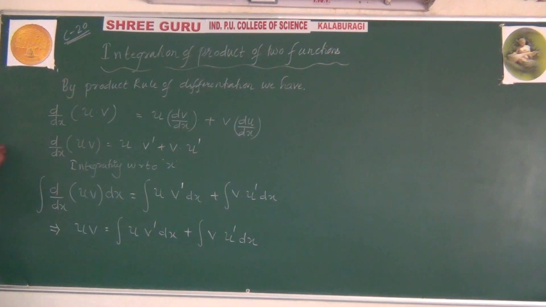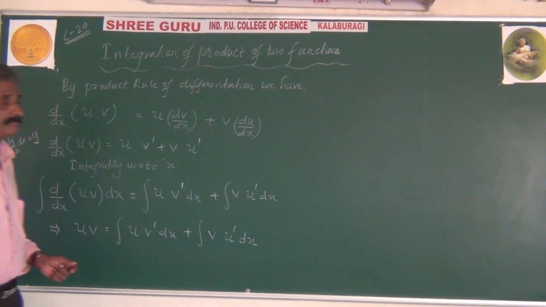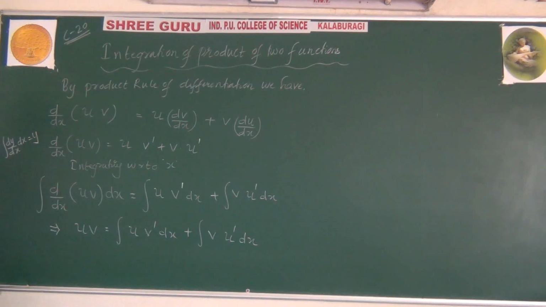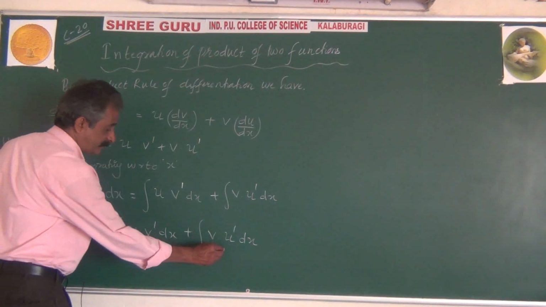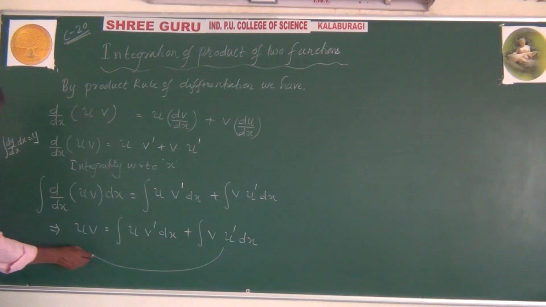Since what we know is that integration of dy by dx equals y always. Likewise, integration of differentiation of u into v equals u into v. Next step, I will shift the second term of right hand side to left hand side. What it becomes? Minus.